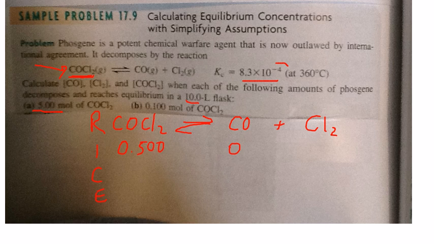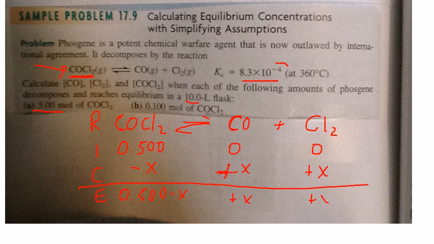We don't have any of this, and we don't have any of this yet. Our change is minus x, and plus x, plus x, with 1, 1, and 1 in our balanced chemical reaction. Don't forget that if our balanced chemical reaction has coefficients other than 1s, we would take those into account. And so at equilibrium, it's 0.500 minus x, and plus x, plus x.